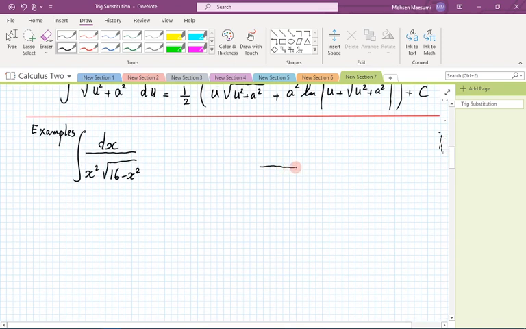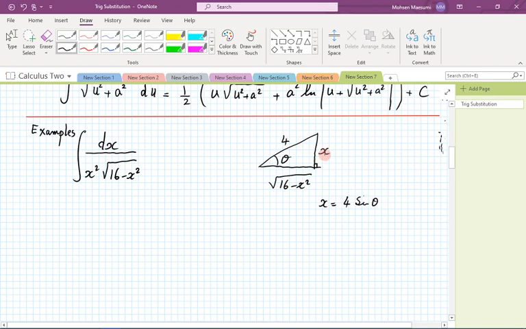So I'll draw an example with hypotenuse being 4, this angle, call it theta, opposite of that is x, and the third side is going to be the radical of 16 minus x squared by the Pythagorean theorem. We said we take x to be 4 sine of theta.